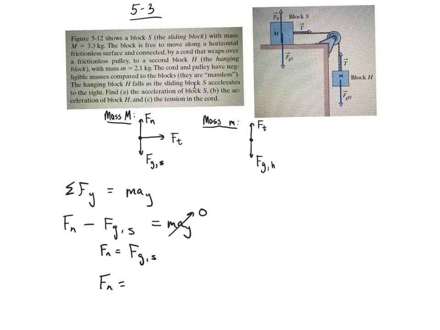And the first block was capital M. So this is the result we gain from the sum of the forces in the y direction. Remember, block S has mass capital M, so it's capital M times little g, and that is the weight. Remember, people, that this g value is 9.81.